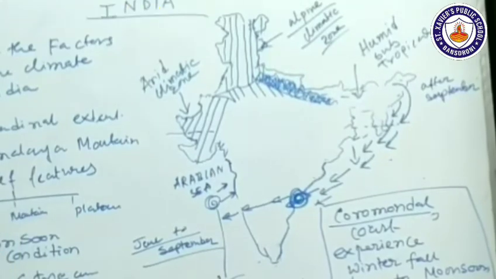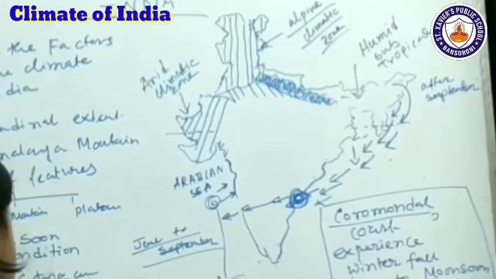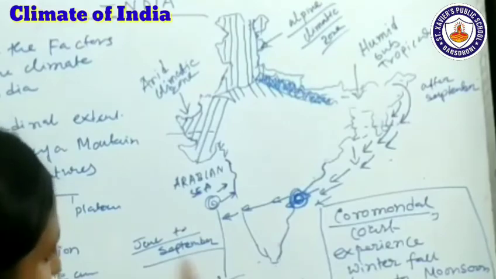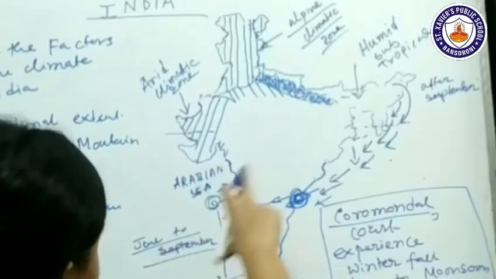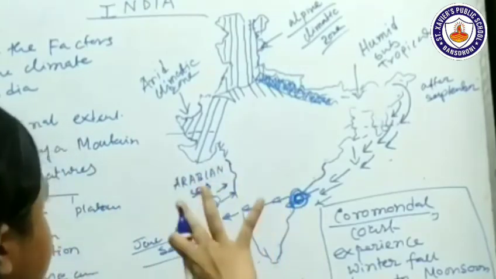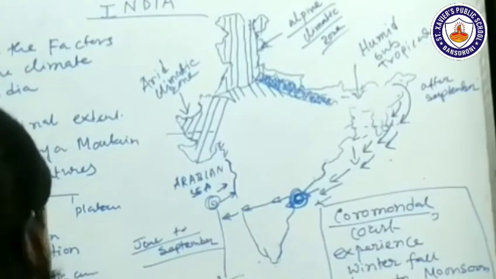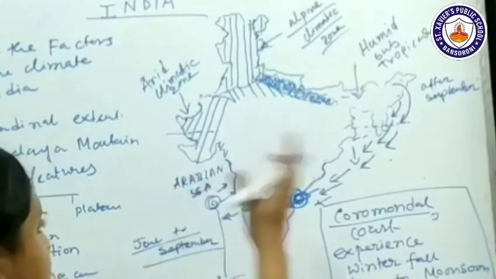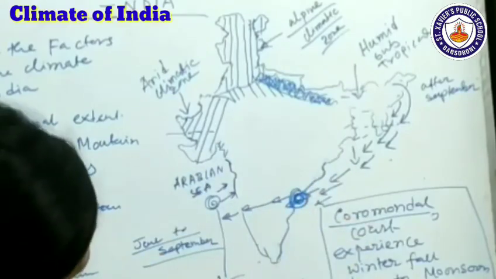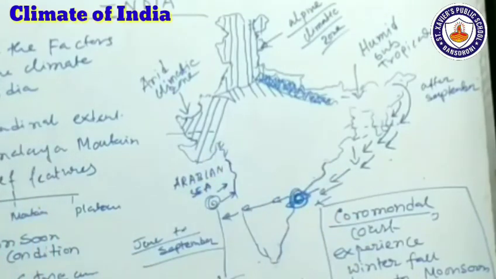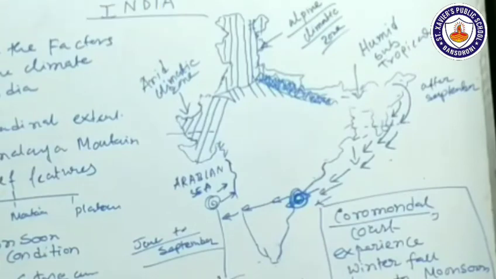El Nino and La Nina activities are also very determining factors which determine the climatic condition of the Indian subcontinent, and also determine the monsoonal pathway direction.